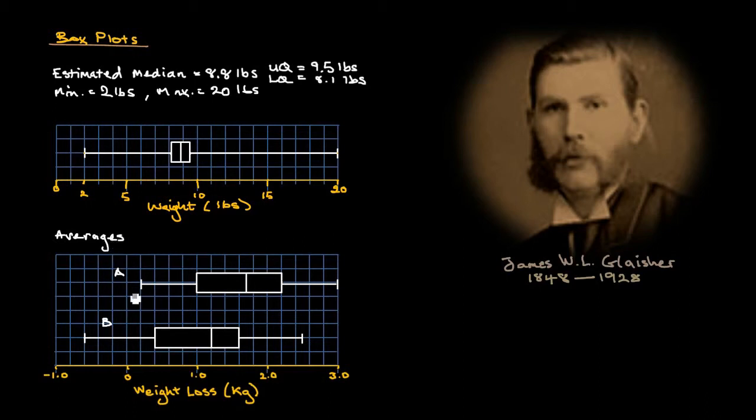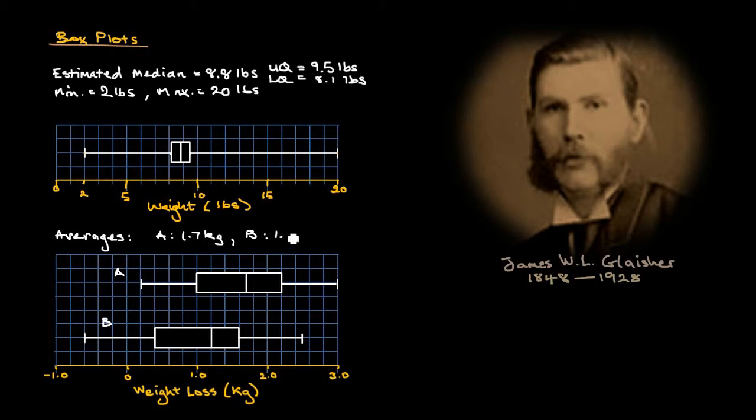So first of all, we've got A. Now, the average we're using is the median, so let's read off from our weight loss scale the median for group A. And the median value is 1.7, so 1.7 kilograms is the median for group A. And the median for group B, by contrast, is only 1.2.